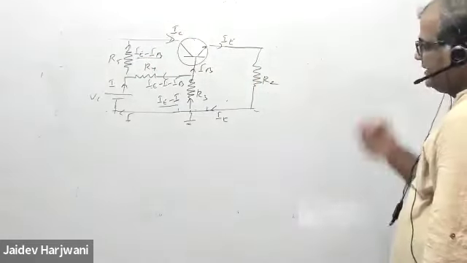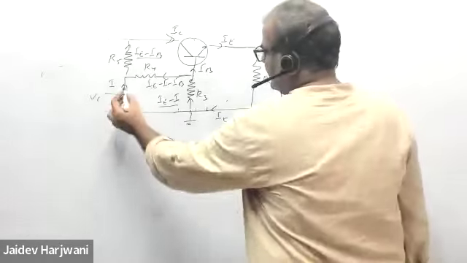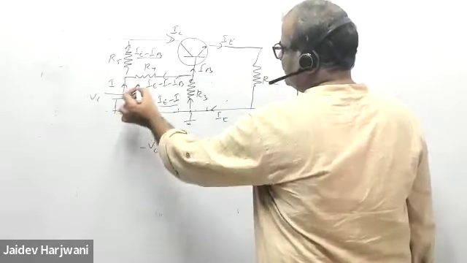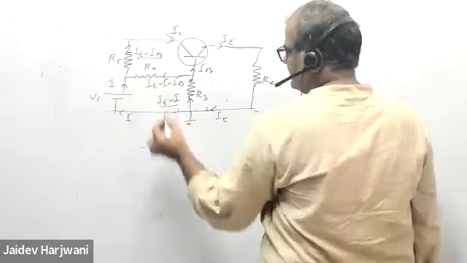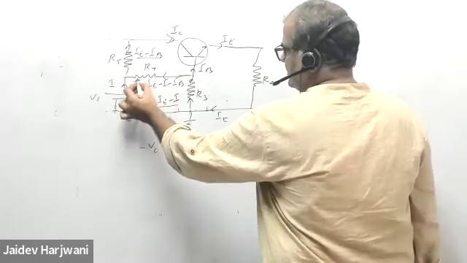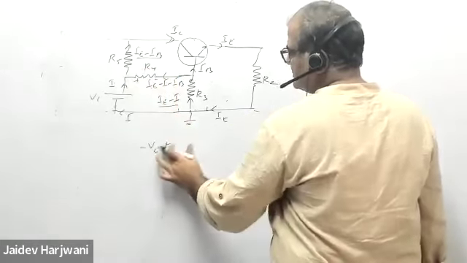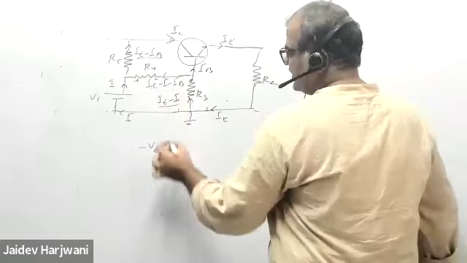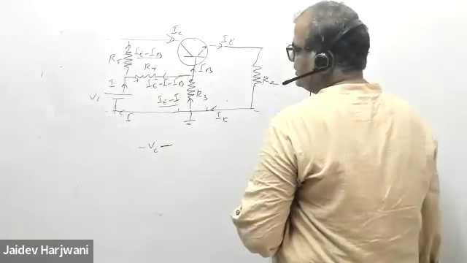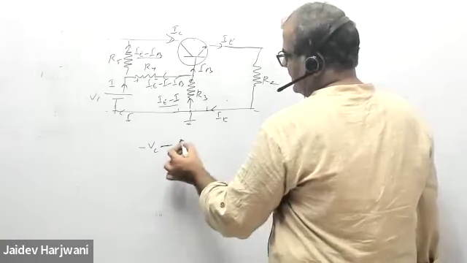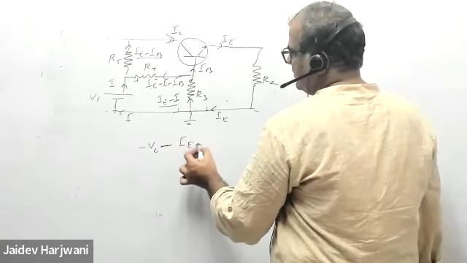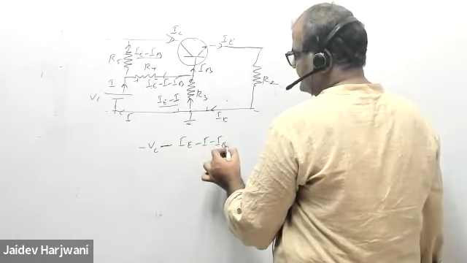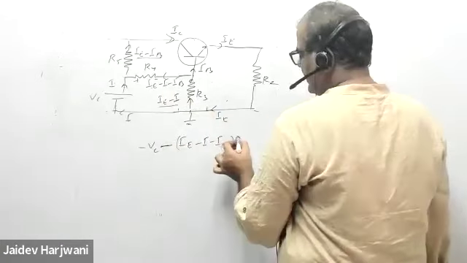Now just apply the KVL. I write minus VC. I'm moving opposite to the current, na? Opposite of current, so minus. Minus IE minus I minus IB into R4.